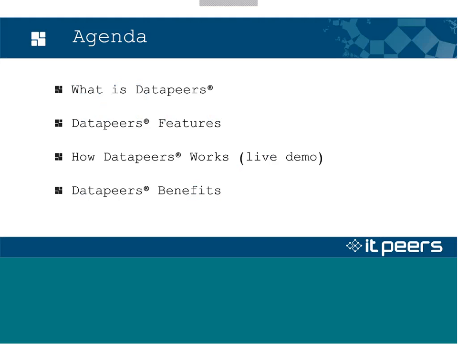Datapeers aims to solve several problems that companies often face when they want to give access to their databases to third parties for development purposes, or to give an overview of their database model for several reasons.